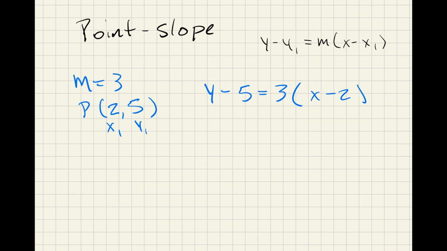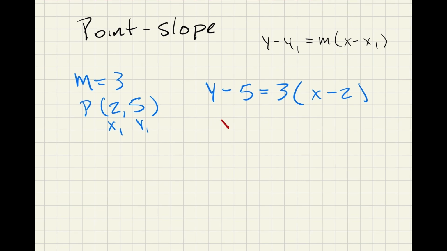Now, we can pick whichever y or x we want and find the corresponding x and y for that value. So for example, if we want to know what is the y value when x is equal to 4, then we plug this into the equation and solve for y. So y minus 5 is equal to 3 times 4 minus 2.